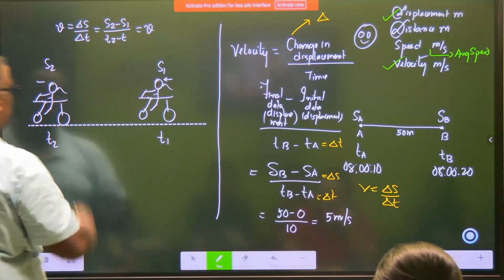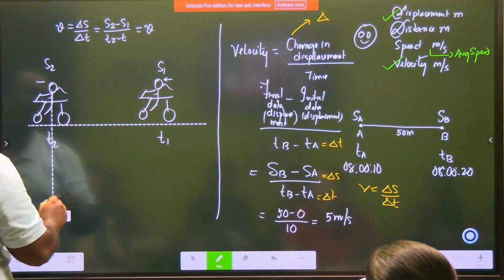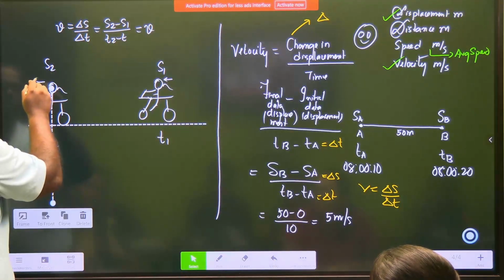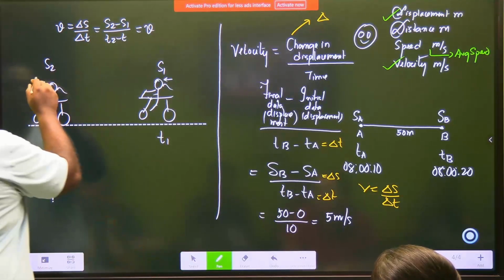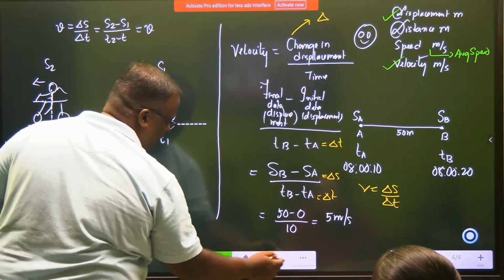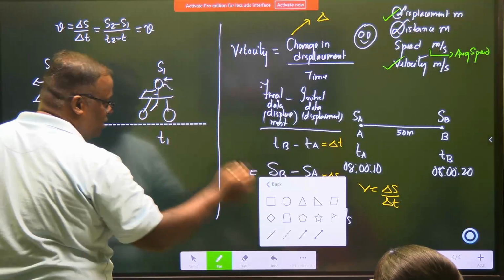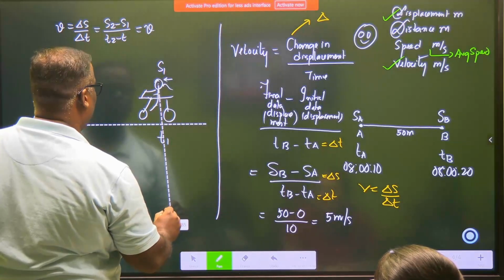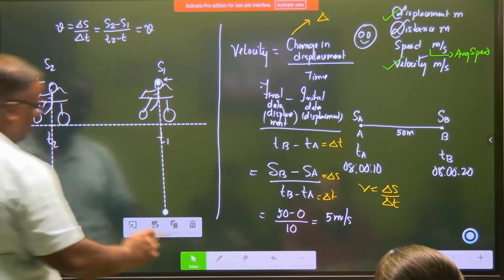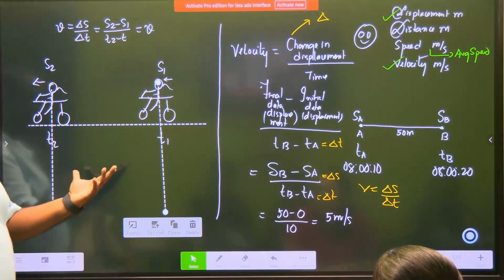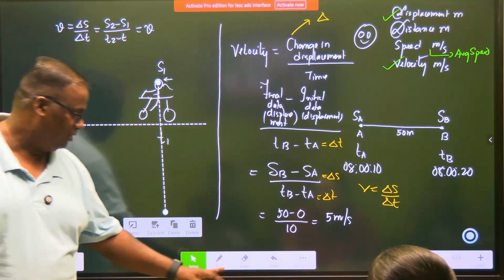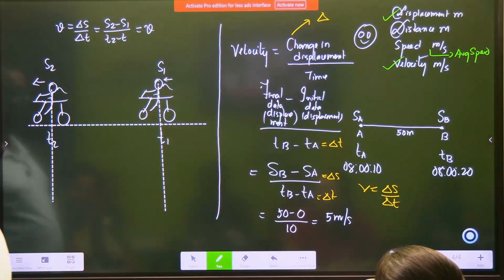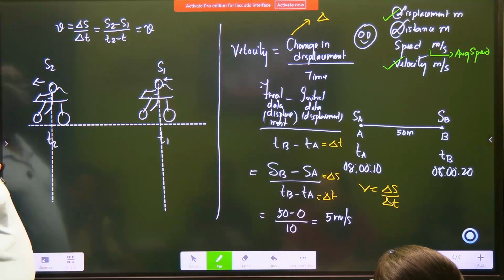Okay, so suppose you are analyzing her in between just these two intervals. Understand a little bit. A movie is 3 hours. You are trying to edit only this much portion. Your analysis is on this portion. Have you understood? So in this portion, what is the total displacement?